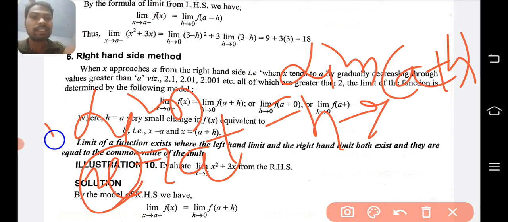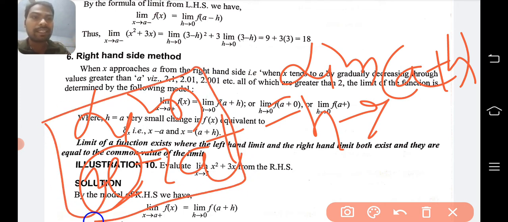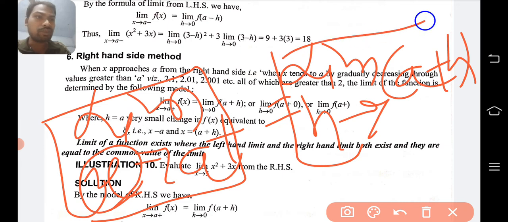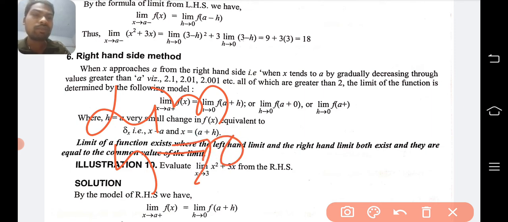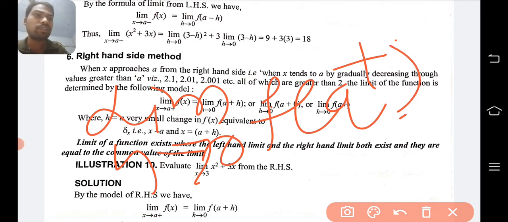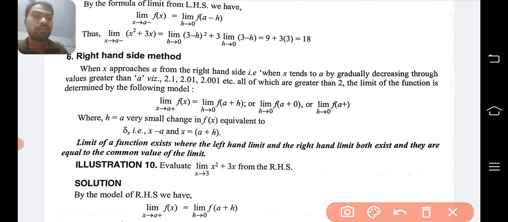So the right hand side limit can be represented in this way, unlike the left hand side limit method. Clear? So this is the form, and whatever limit value arises as h tends to 0, this functional value will be the function at a plus, as in the case of the left hand side limit we get a minus. Clear?